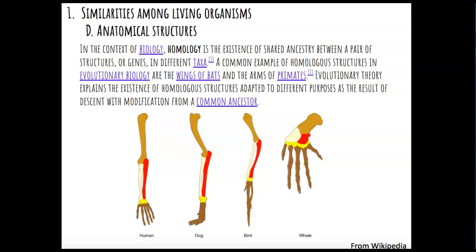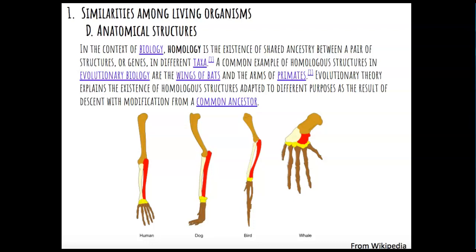So a common example of a homologous structure in evolutionary biology are the wings of bats and the arms of primates. So evolutionary theory explains the existence of homologous structures adapted to different purposes as a result of descent with modification from a common ancestor.